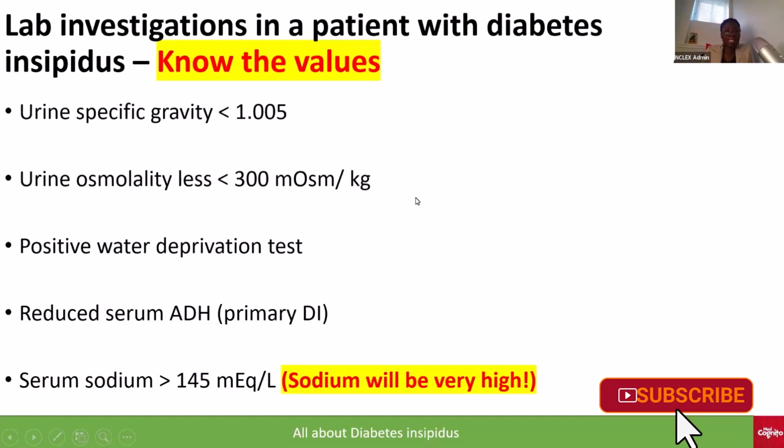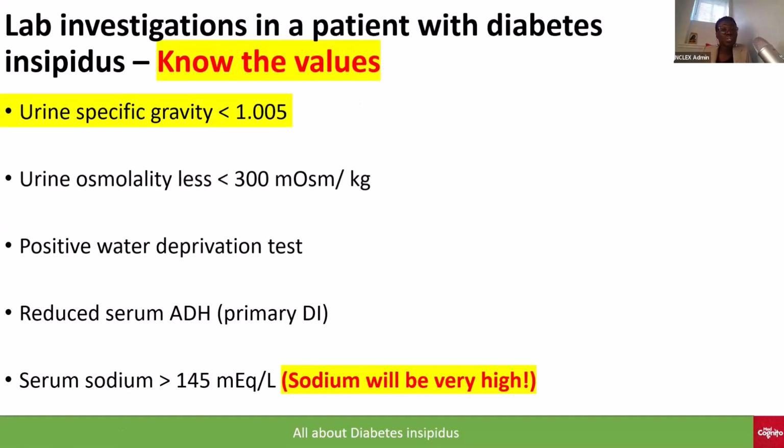So one may be asking, what labs will be relevant for our client with diabetes insipidus? Urine-specific gravity. You must know that, because the client is peeing a lot, drinking a lot, so the client will give out very dilute urine.